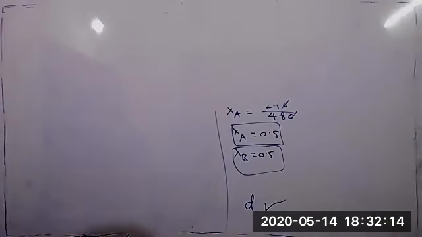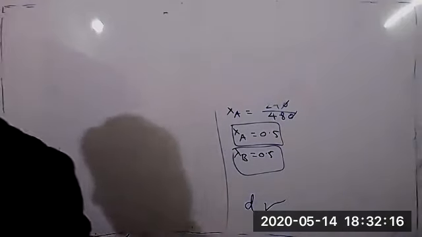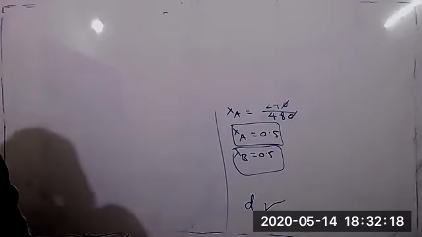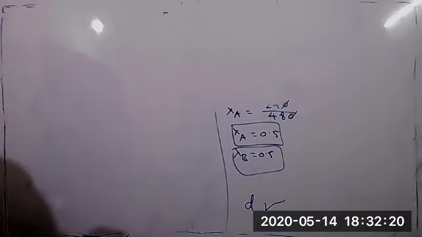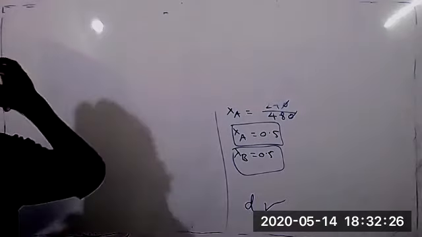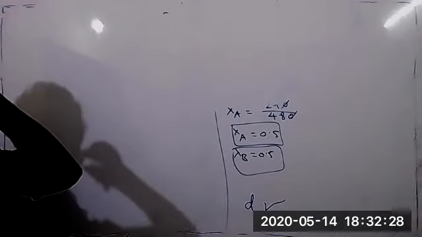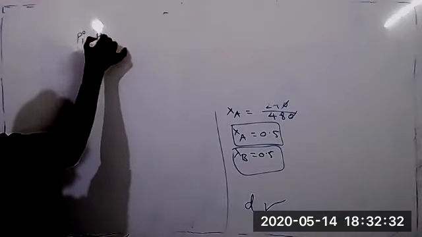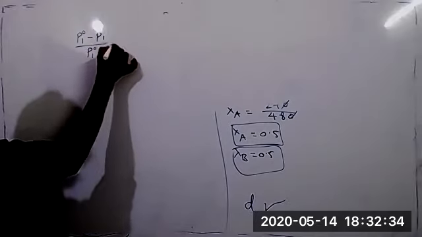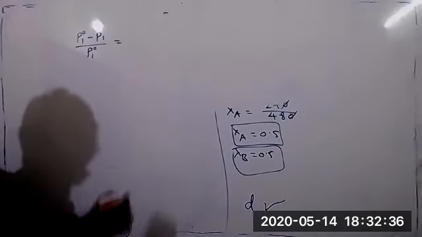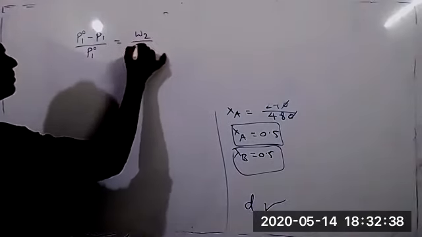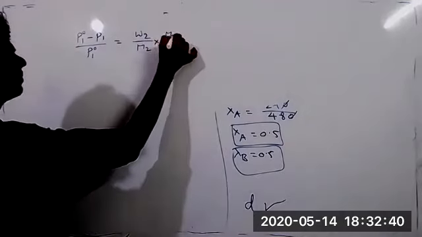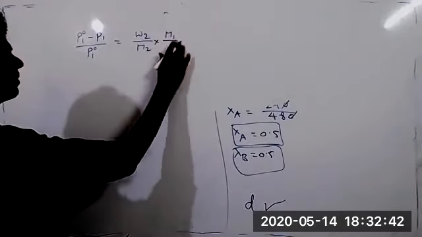Kushi, yes sir, tell me the relative lowering of vapor pressure formula. Sir, P1 naught minus P1 by P1 naught is equal to W2 by M2 into M1 by W1. Very good.